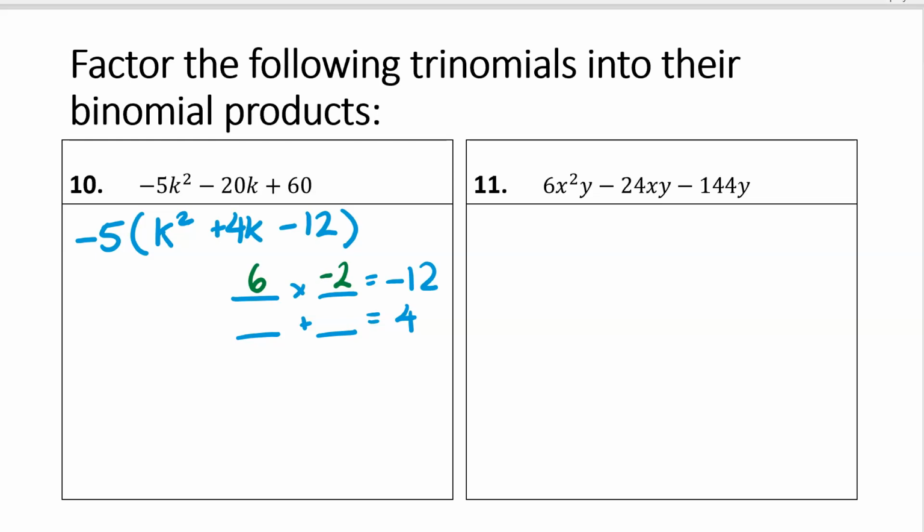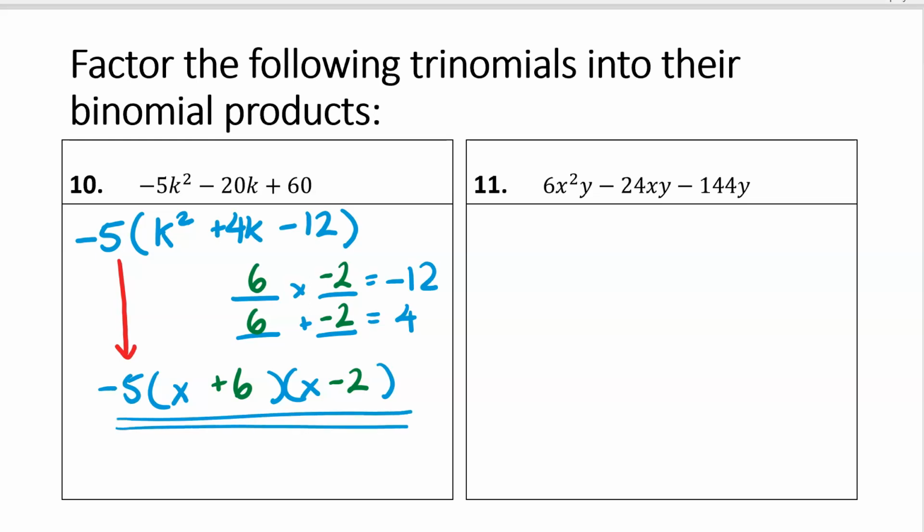Multiply to give you -12, and positive 6 plus -2 is positive 4. So we'll have our two sets of brackets with the x's in them. One has a positive 6, the other has the -2. Can't forget that our first step was factoring out that -5, so that -5 needs to multiply the x plus 6 and the x minus 2, and that would be our final answer.